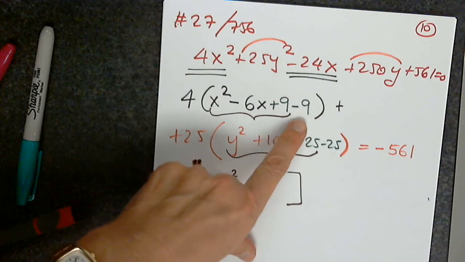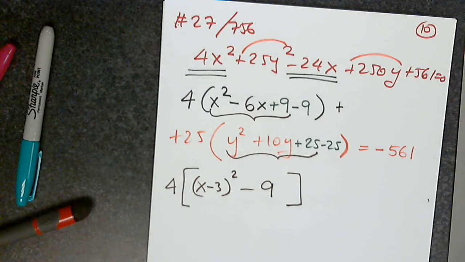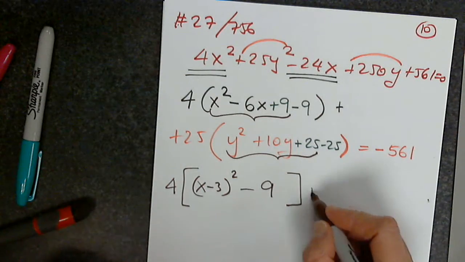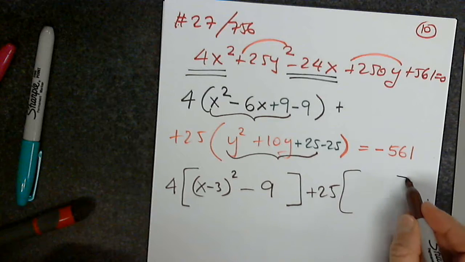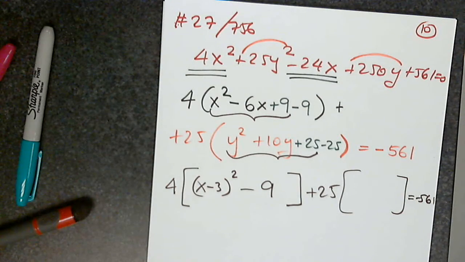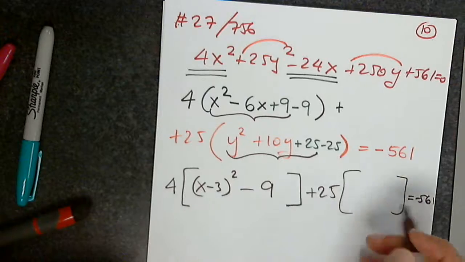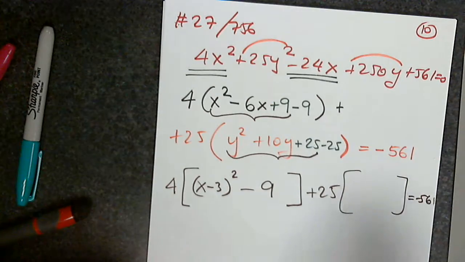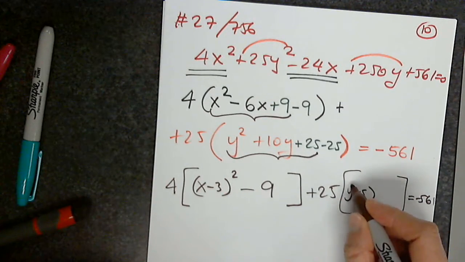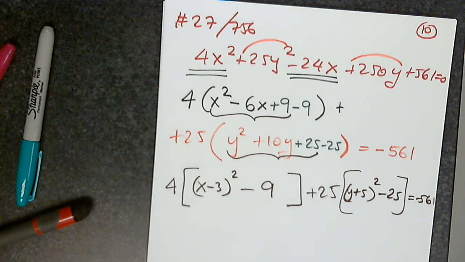We have not done anything with this. We have to copy it. And please repeat for the second one with 25 outside and with brackets. And tell me what will you replace y squared plus 10y plus 25 by? Again, we have the same agreement. y plus 5 squared minus 25, because we have not touched it yet.